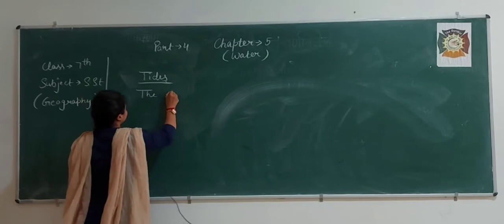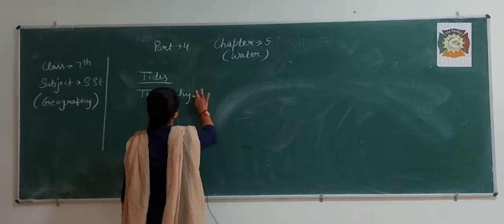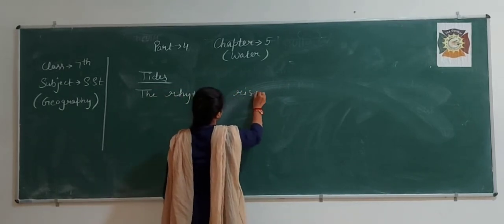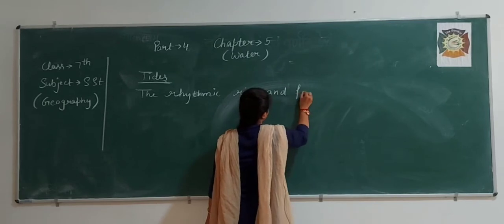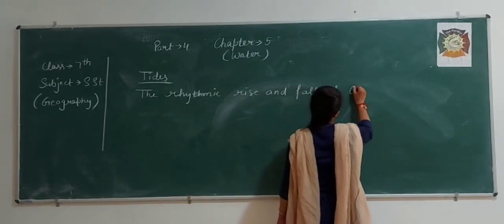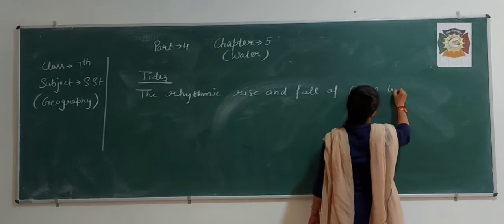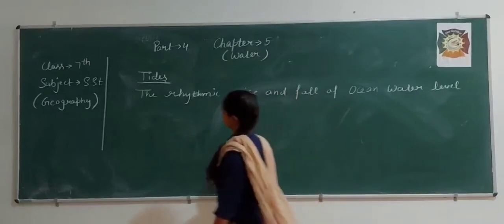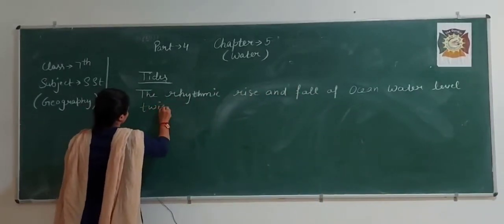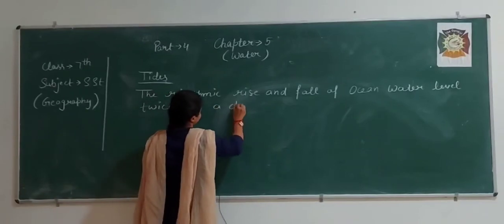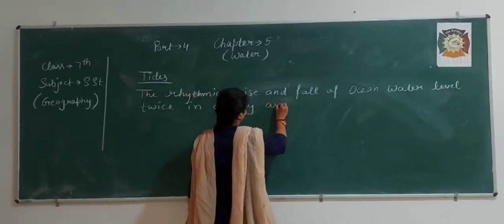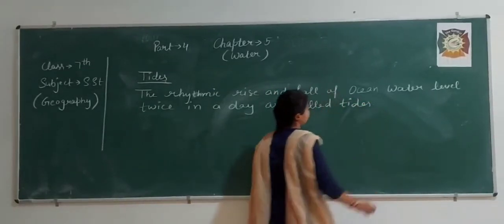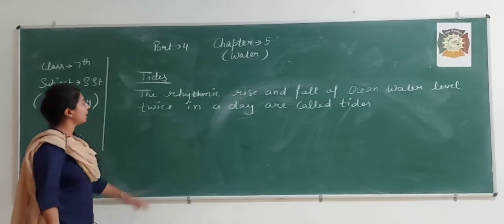The rhythmic rise and fall of ocean water level twice in a day are called tides.